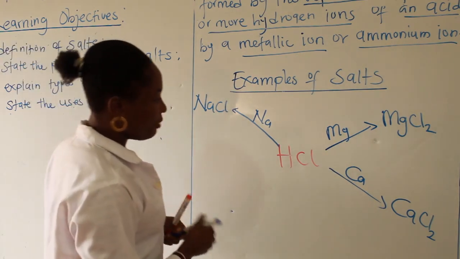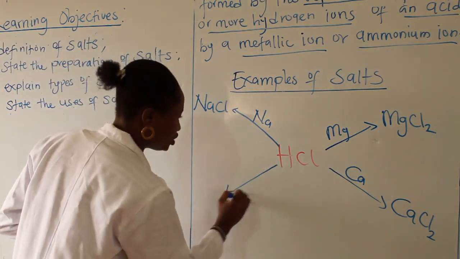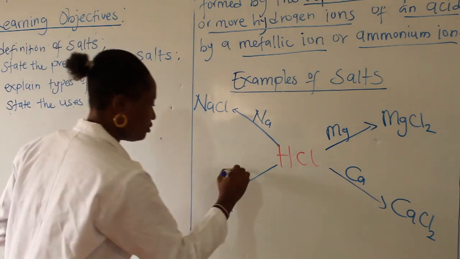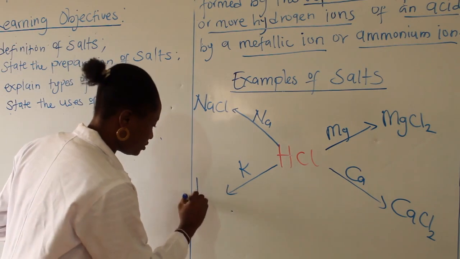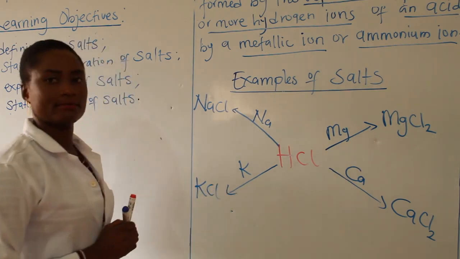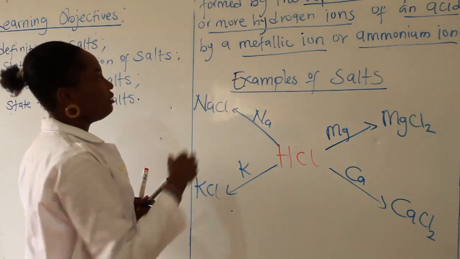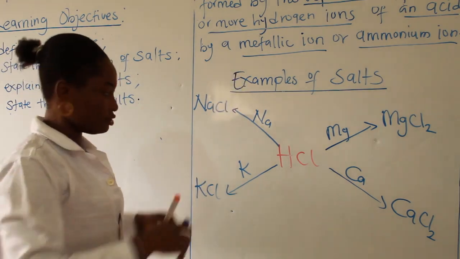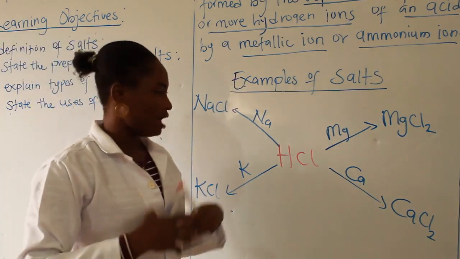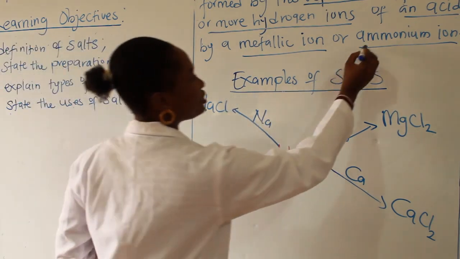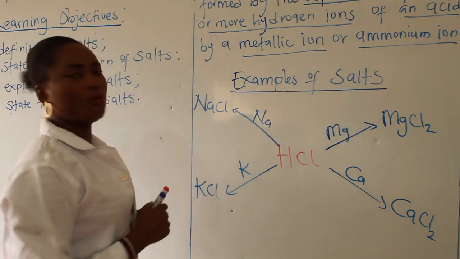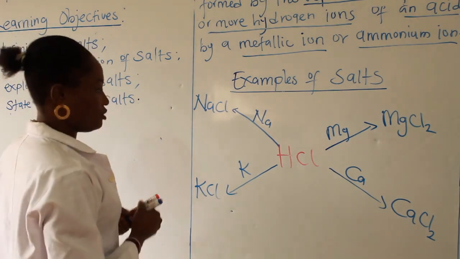Now, I can also form another salt by changing hydrogen to potassium, a metal too. So I'll form potassium chloride. Now let's leave metals because you can form as many salts as you want from HCl. Now let's change the hydrogen with ammonium ion.